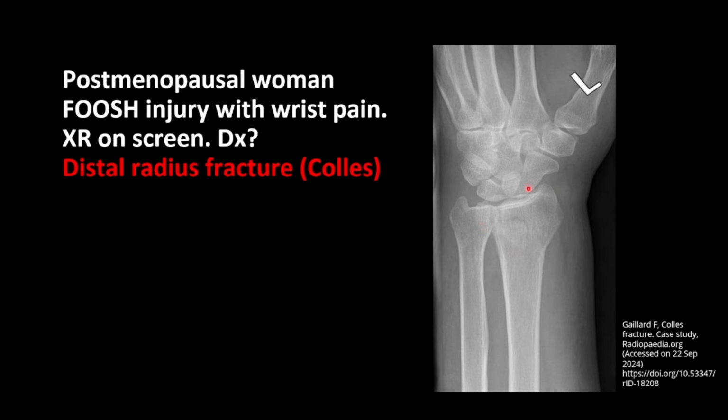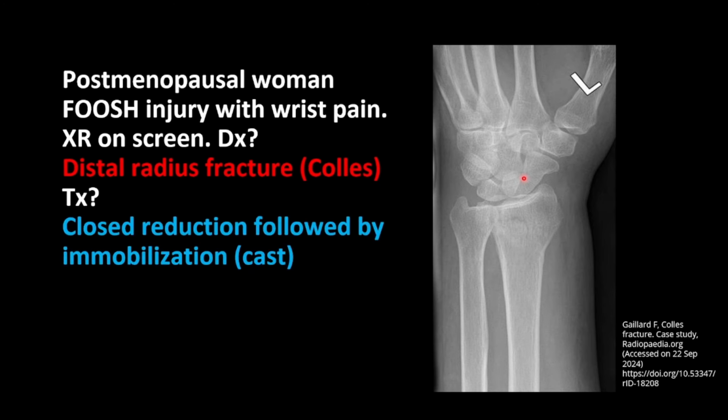So right here, you can see that there is a distal radius fracture. So that's also called the Colles fracture. And again, this is often predisposed by osteoporosis in these patients, so this is an example of a fragility fracture. And treatment typically involves closed reduction with cast, or if the fracture is unstable, then internal fixation.